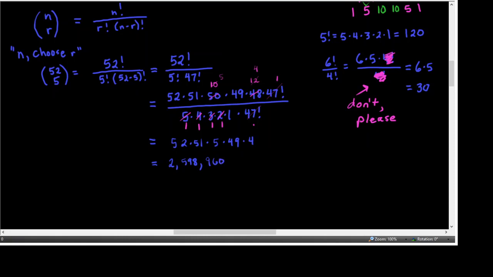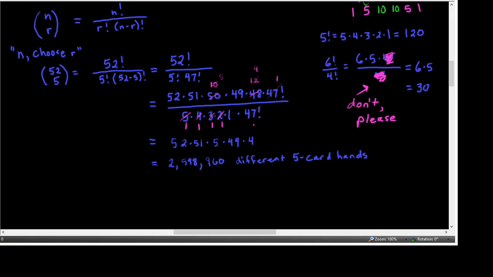That's the total number of different 5-card hands that exist. There are that many that exist.